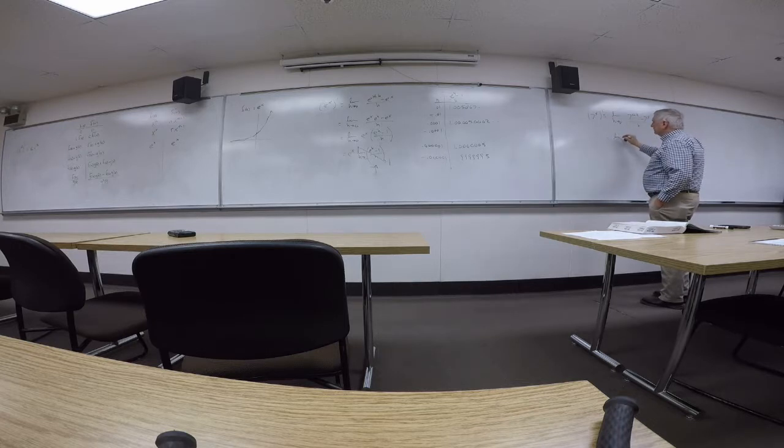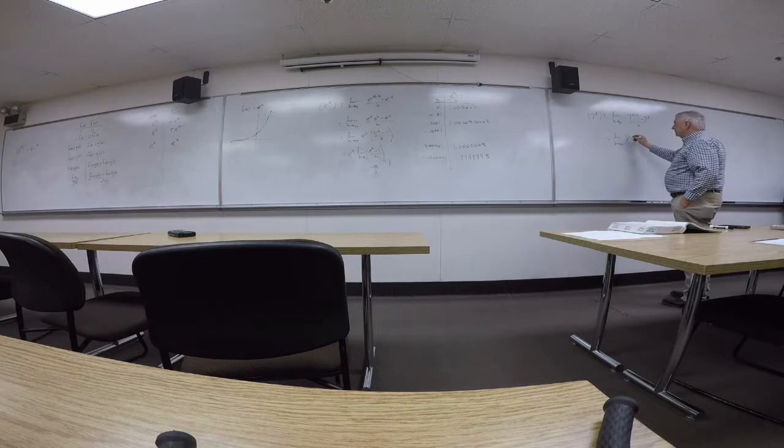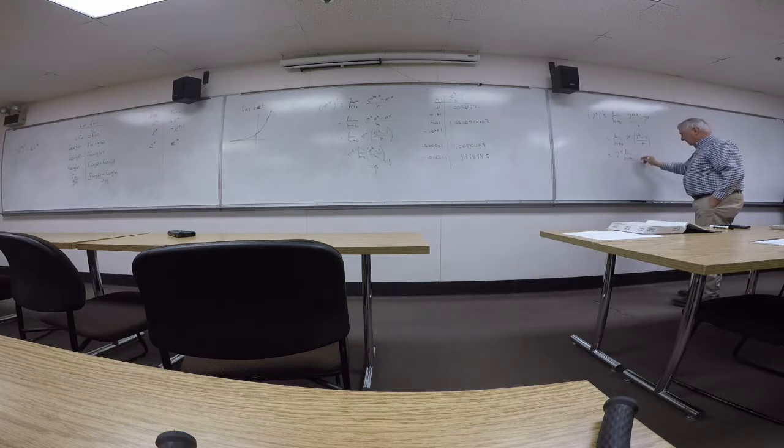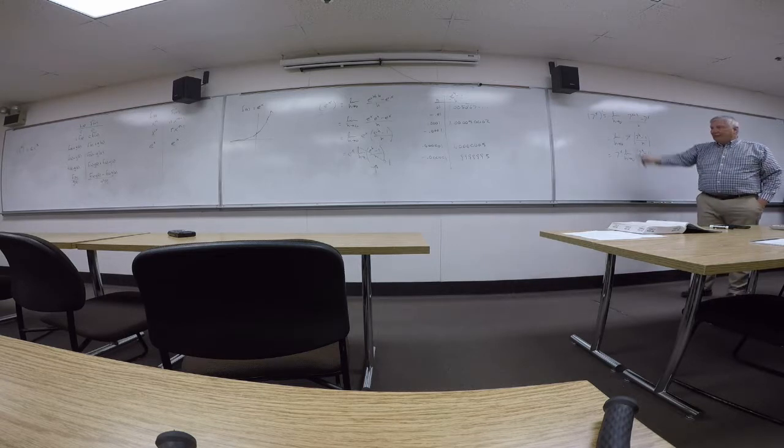Factors again: 7 to the x times (7 to the h minus 1) over h, close. This is equal to 7 to the x times the limit as h approaches 0 of (7 to the h minus 1) over h. Well, if that derivative was 1, what do you think this derivative is?